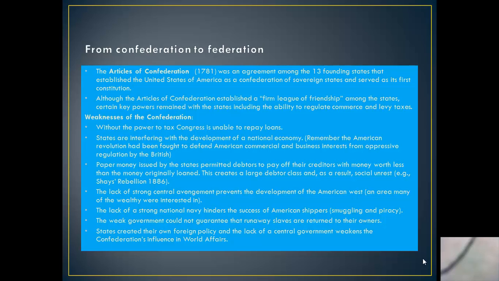The weak government could not guarantee that runaway slaves are returned to their owners. And states did not speak with one voice in the area of foreign policy. This lack of a central government weakened the Confederation's influence in world affairs.